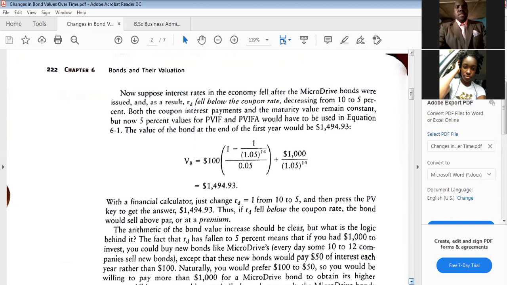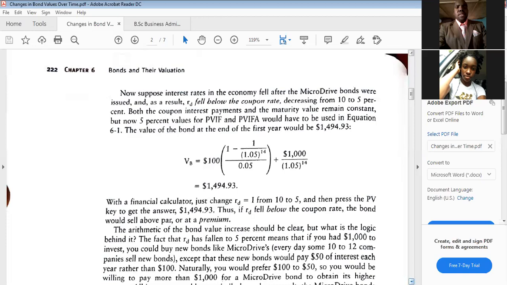But now 5% values for PVF and PVFA would have been used in this equation here. The value of the bond at the end of the first year would be $1,494.93.